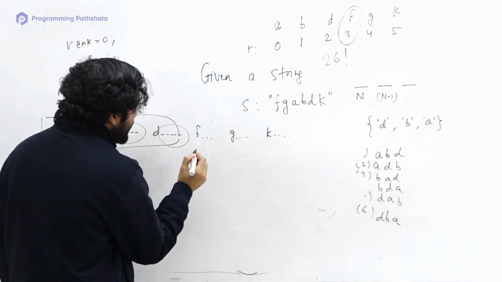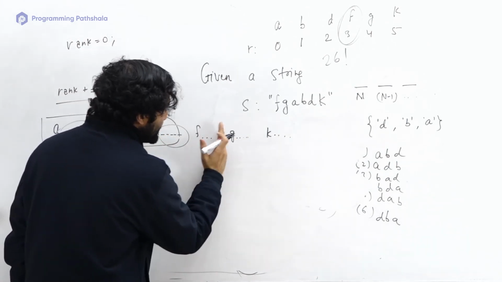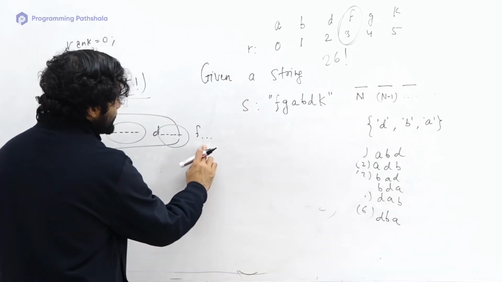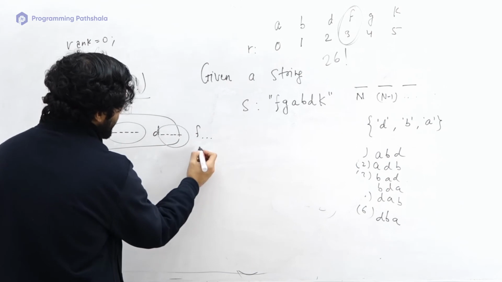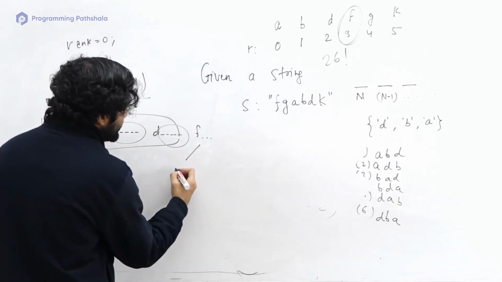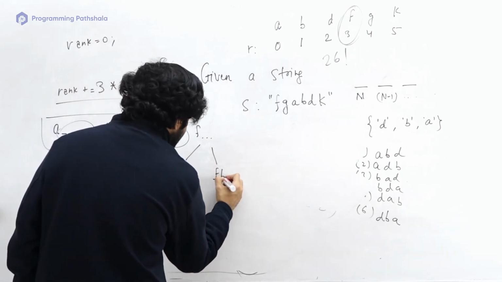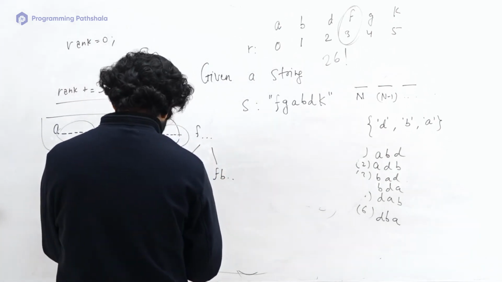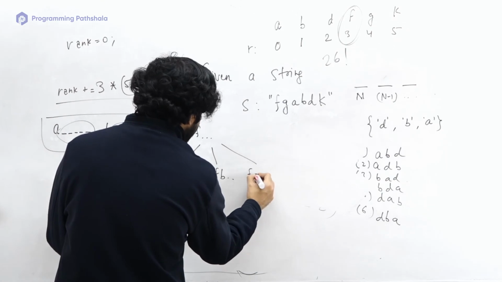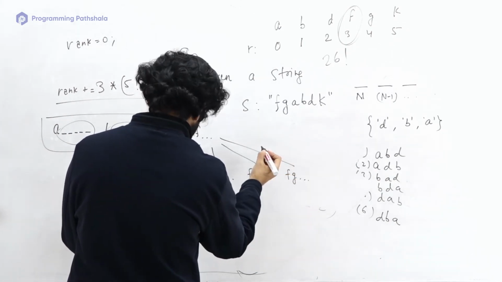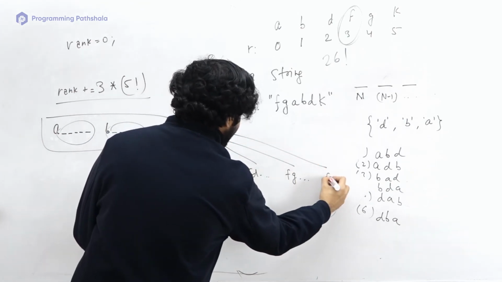Now let us focus our attention completely on this family. These other families are useless, so I'm going to erase them. Now if you focus your attention on this family, how many categories will be there again? The first category is the one that starts with FA, then FB, then FD, then FG, then FK.